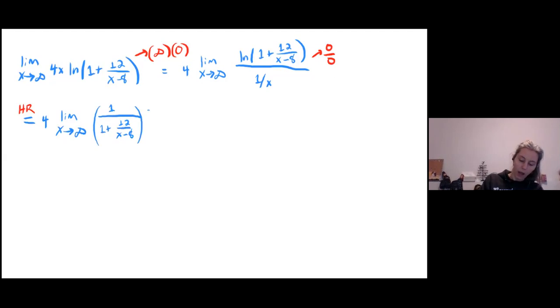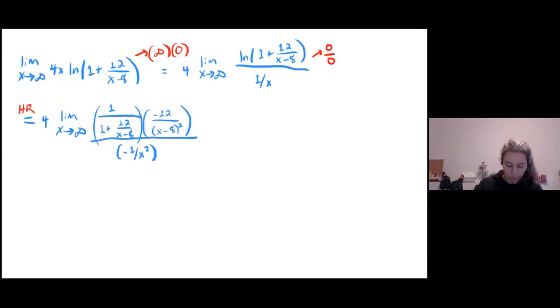Using the chain rule, I'm going to multiply by negative 12 over (x minus 8) squared, all divided by negative 1 over x squared. So now that negative 1 over x squared, I want to bring to the top. I'm going to cancel out my negatives here, so I'll make this a positive. That 12 I'm going to bring to the outside.